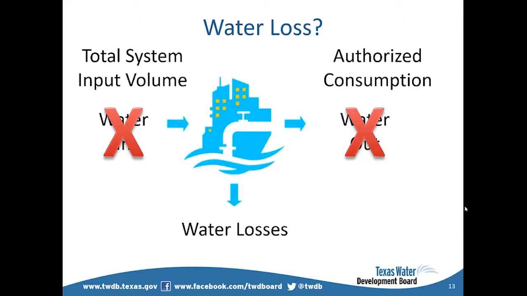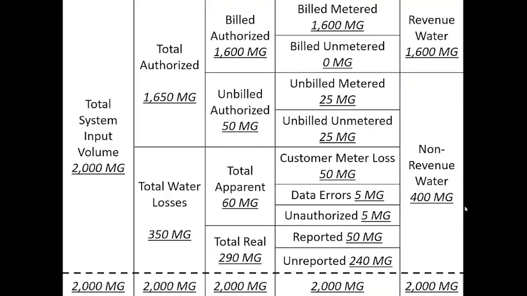So it's not just what the meters read, but also takes into account the meter inaccuracies as well, because that's water that can be lost and used within the system that the well numbers or the well readings are not telling you about. And then it subtracts out the water out, but we actually call it authorized consumption. And we're going to see what that actually looks like here on the next slide, which is our water balance.